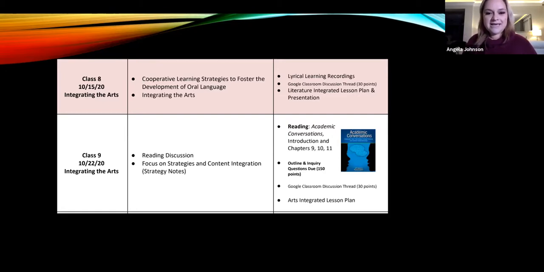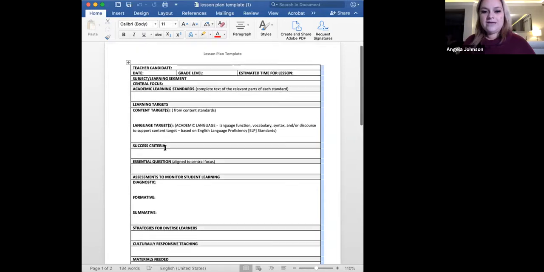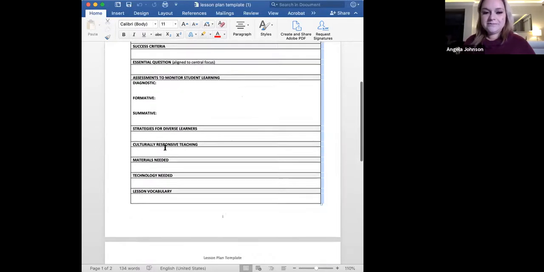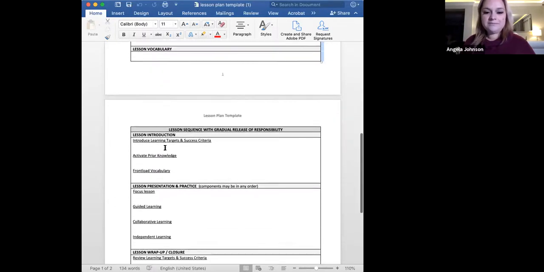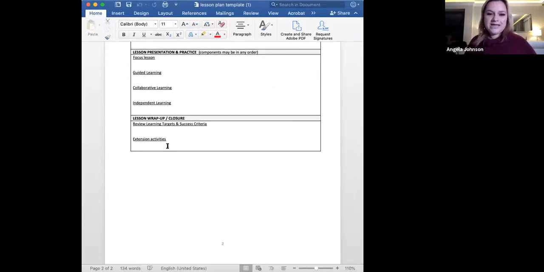What that means is you're going to be using your template right here that I have for you. You've seen this several times. You probably are so tired of it already. You're like, oh my goodness, another one. Use one that you already have.